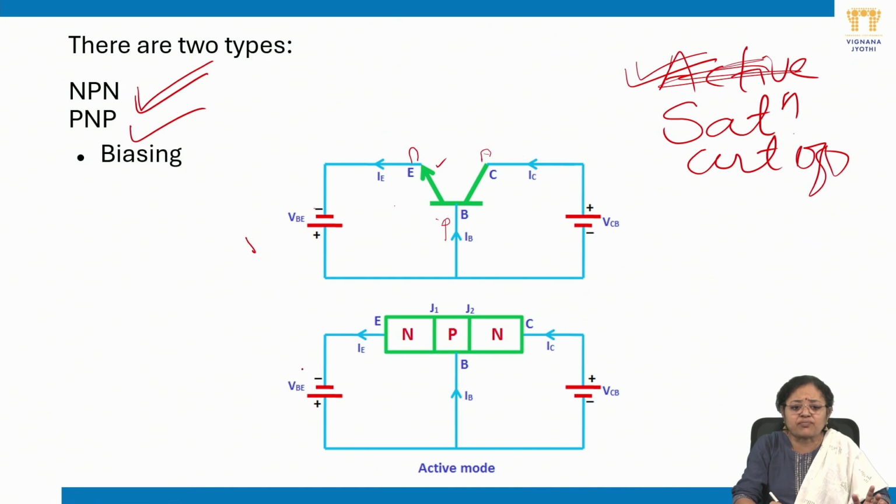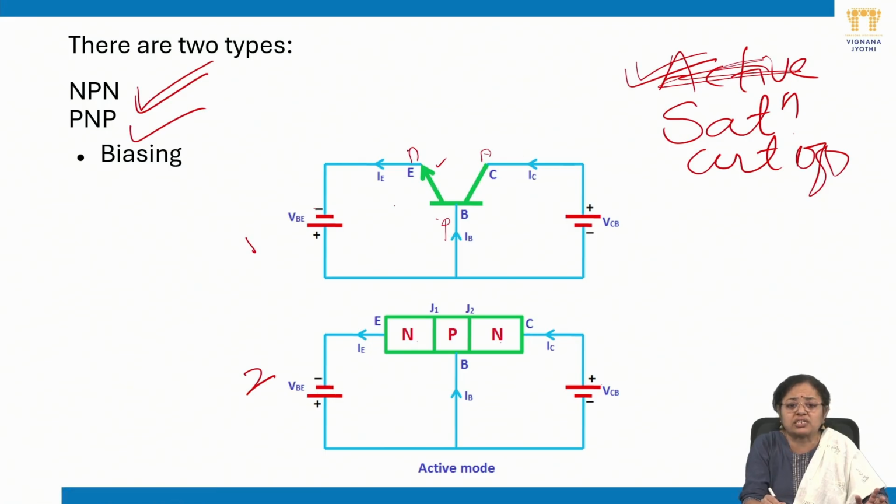The second figure shows the schematic of the BJT, wherein you can see the N, P, N regions. The negative terminal is connected to N and the positive terminal is connected to N, leading to the active region biasing. Here the direction of the current conduction is shown.